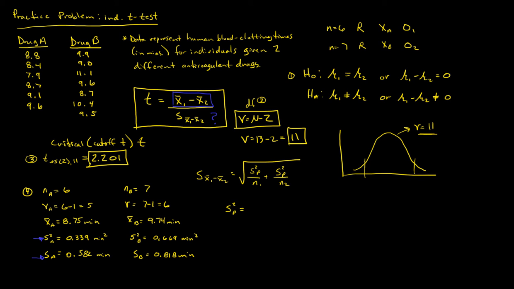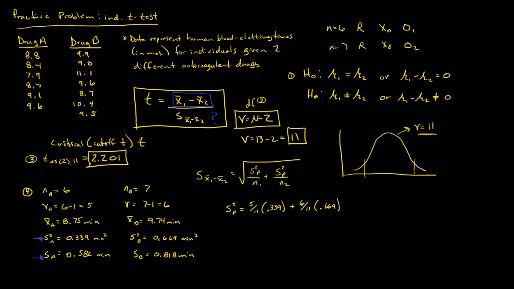I won't bore you with all of the equations here. This is going to be taking the degrees of freedom for group A, which was 5, dividing by the degrees of freedom total, which was 11, and then multiplying by the variance for group A, which is the 0.339 value, and to that adding the degrees of freedom for group B divided by the degrees of freedom total multiplied by the variance for group B, which was 0.669.